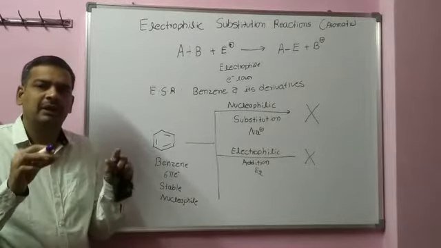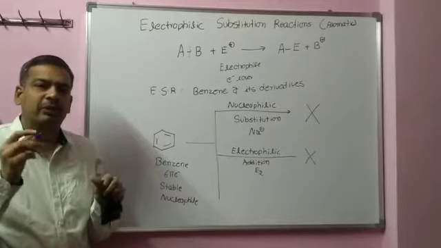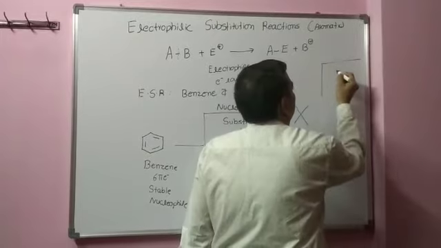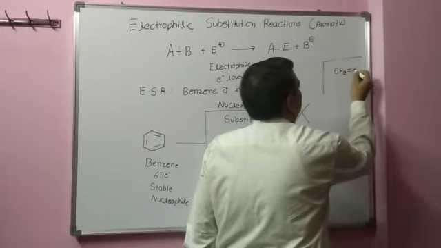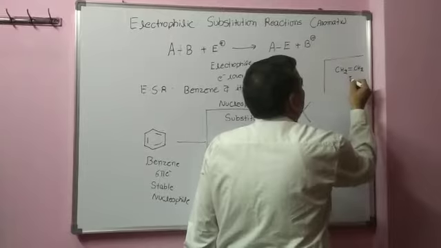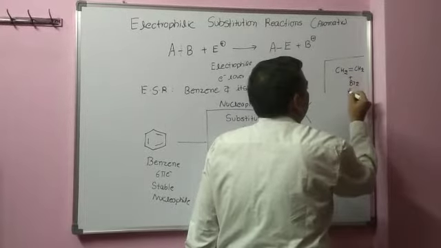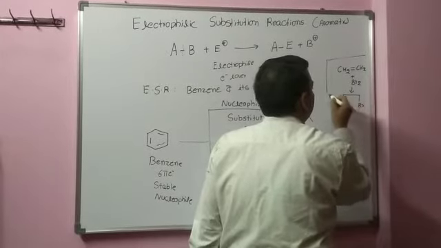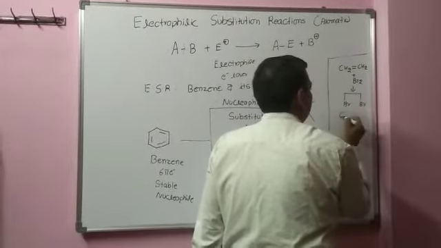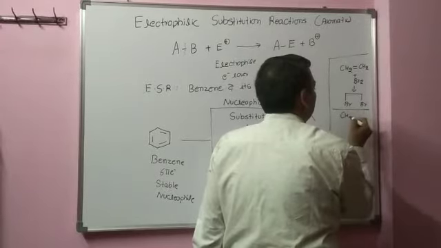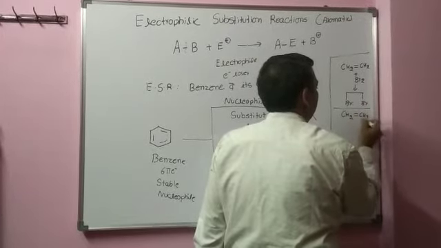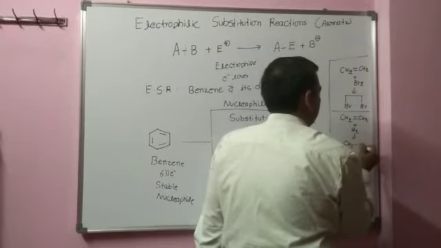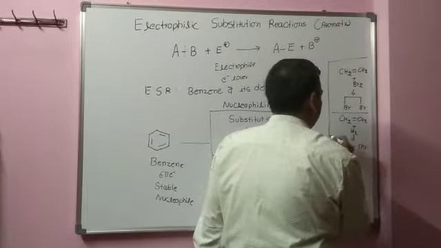For example, when ethene reacts with bromine, it is an electrophilic addition reaction giving 1,2-dibromoethane, the addition product. Similarly, if ethene reacts with hydrogen, you will get ethane. Addition products are generally formed. Alkenes undergo electrophilic addition reactions.